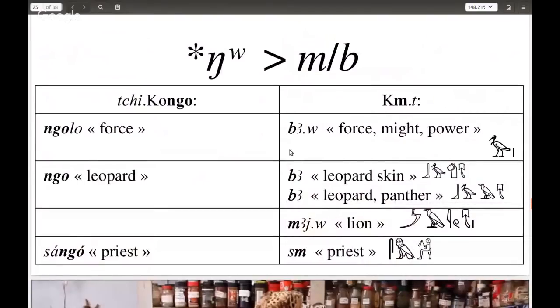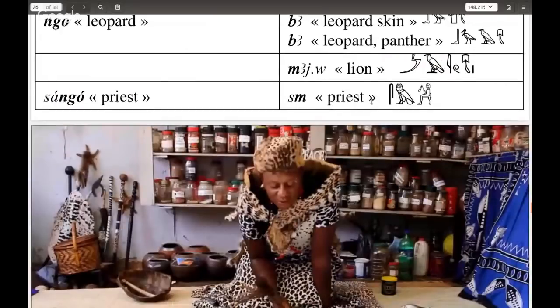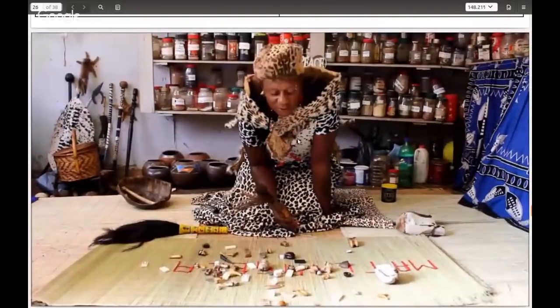Because in the African languages, in what I call Chiena Intu, by means of paronymy, which I explain in my book Nesubiti, they related words that sounded similar. So the word Ngolo, force, Mba, force, Abara, force, power, Ingo, leopard, and Mbara, leopard, panther, because they sound the same or similar within their respective languages, these separate African people made the connection, and now this is why you see the Sango priest, Sim priest, wearing the leopard cheetah skins.